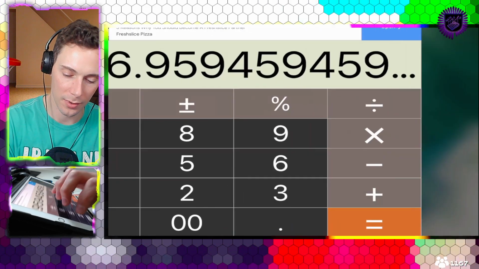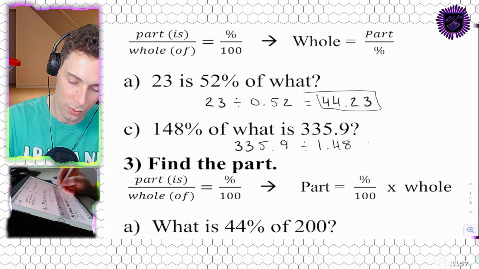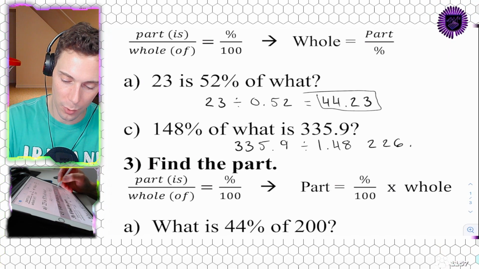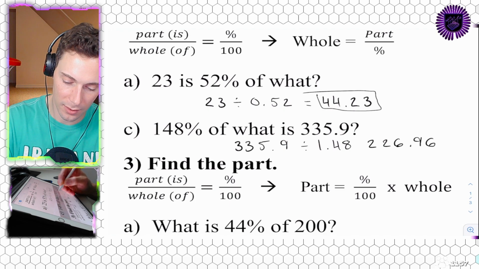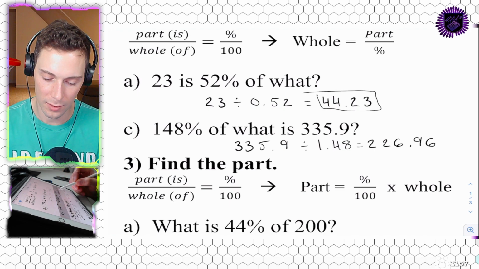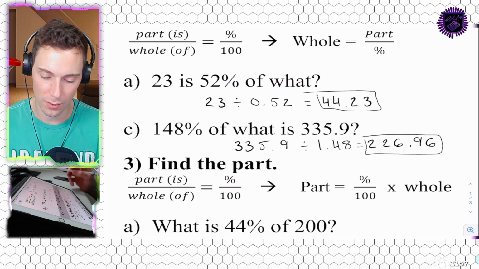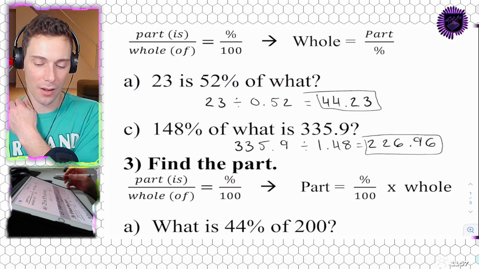I'm going to round up. So 148% of 226.96 is 335.9.